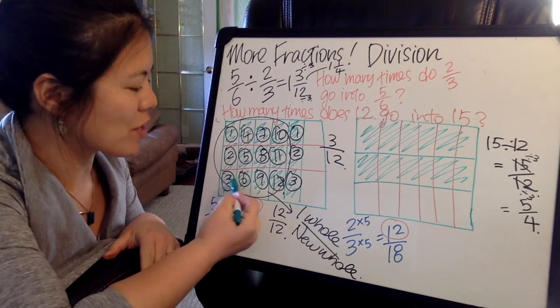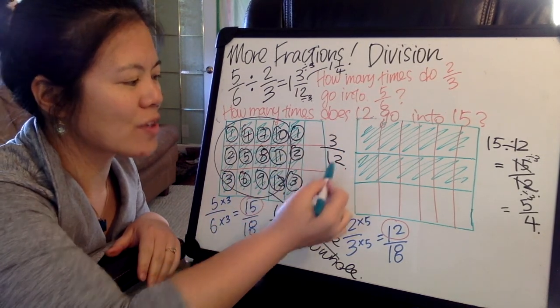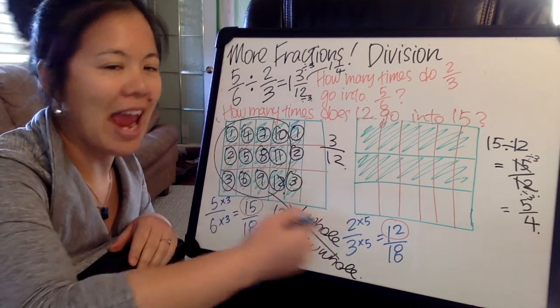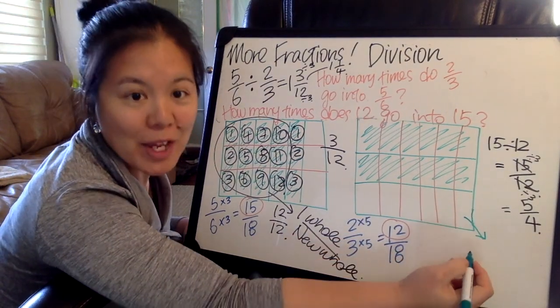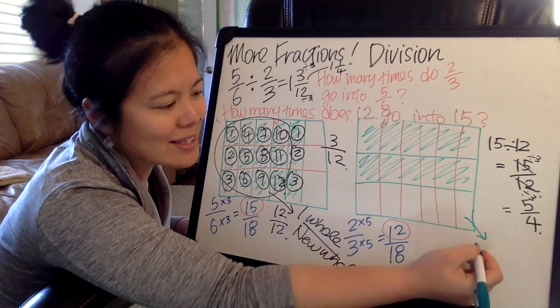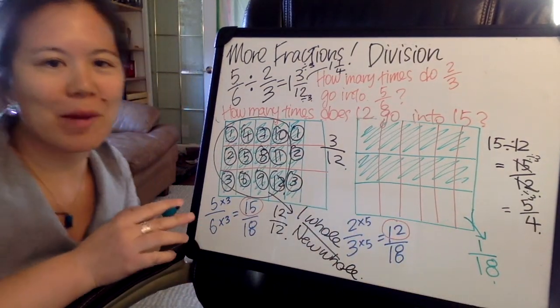So I know that it's 1, 2, 3, 4, 5, 6 on that side, and 1, 2, 3. So 3 multiplied by 6, I know that there are 18 pieces in each of the area models. So each of these little units is 1/18 for both of the wholes, right?